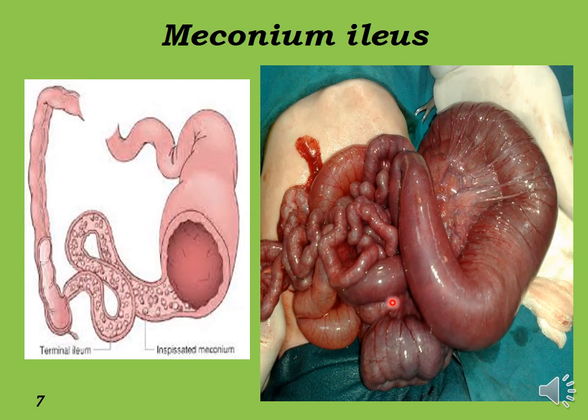As you see in this intraoperative picture, the ileum is distended and dilated, with intraluminal obstruction at the terminal ileum. These are the pellets of meconium. It is very hard for the meconium to pass, even with strong peristalsis of the bowel. So it is a mechanical intestinal obstruction.